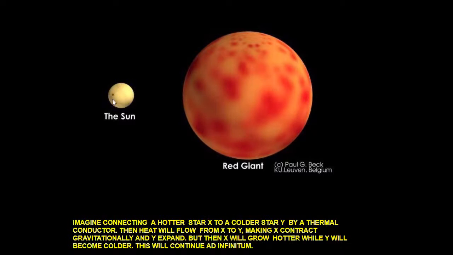So energy of the sun will get depleted while energy of the red giant will increase. But if sun loses energy, what will happen? If you take a gravitating object and take away its energy, it shrinks. The sun will contract.